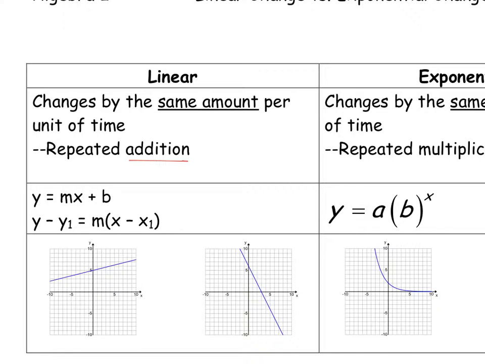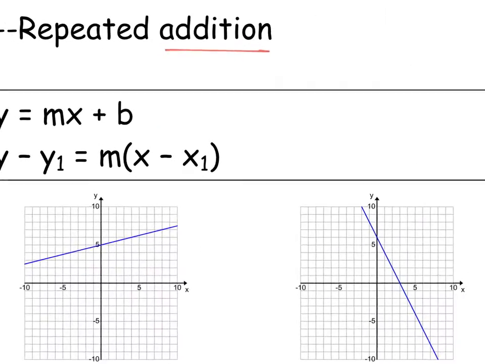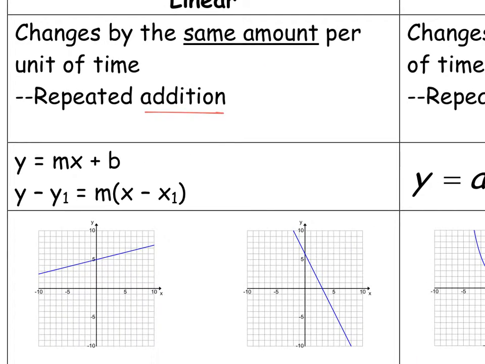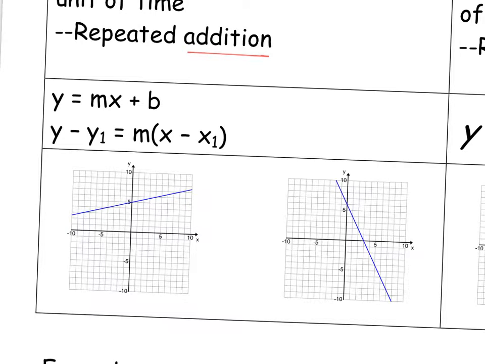So these are your two most common linear equations. In this one, you started at 5 and it went to 6, so it increased by 1/4 every single time.